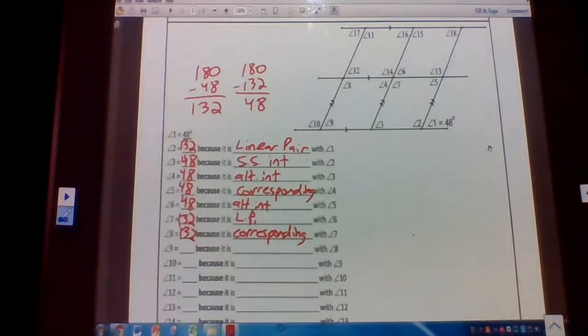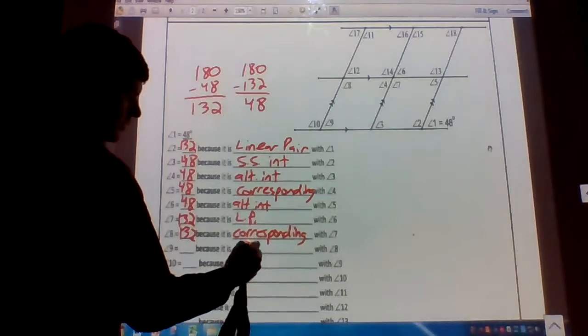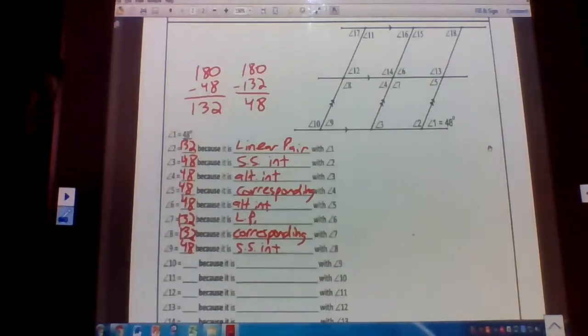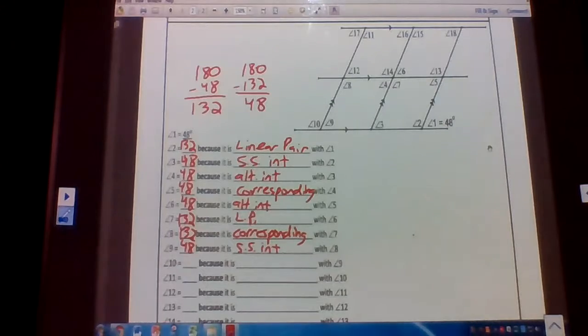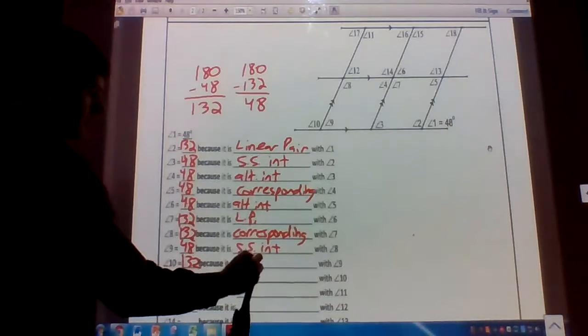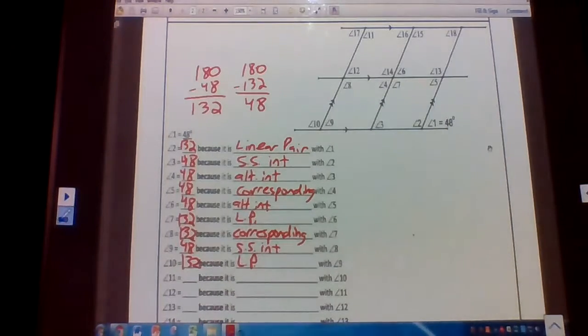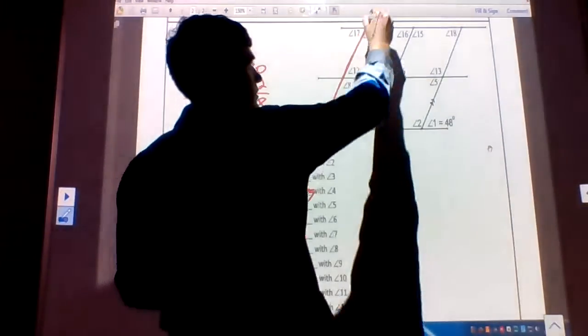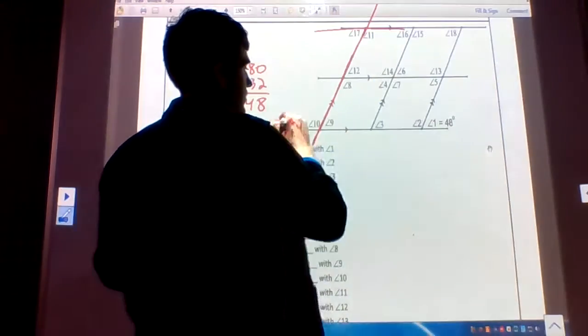8 and 9 are same side interior, so it goes back to 48, 180 minus 132, they're supplementary. 9 and 10 are a linear pair, so it's going to go back to 132, because 180 minus 48 is 132. 10 and 11: imagine here's our transversal, here's our parallel lines.